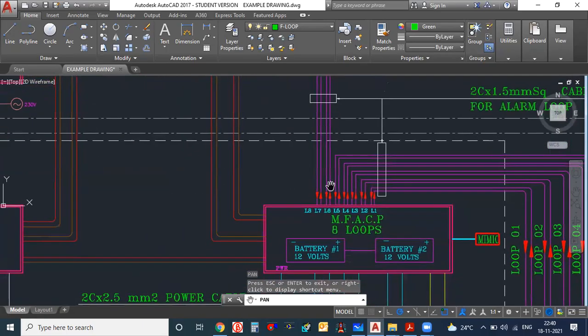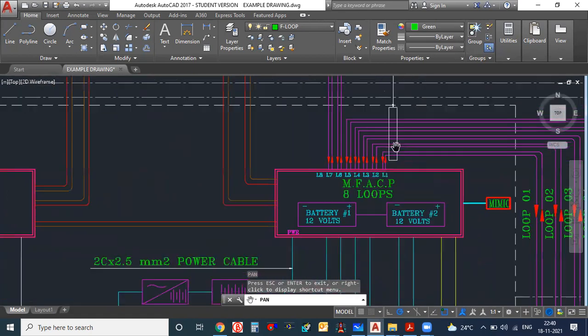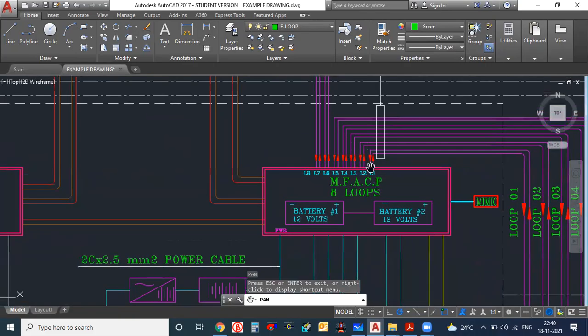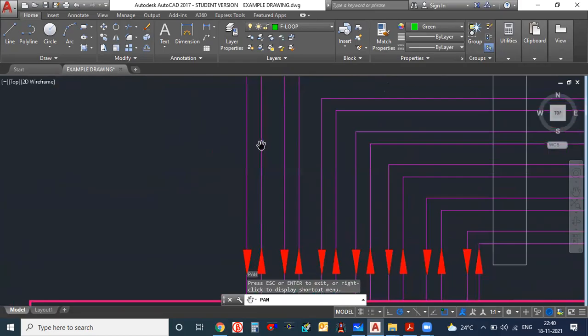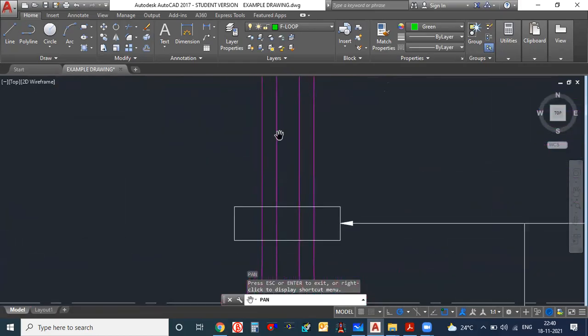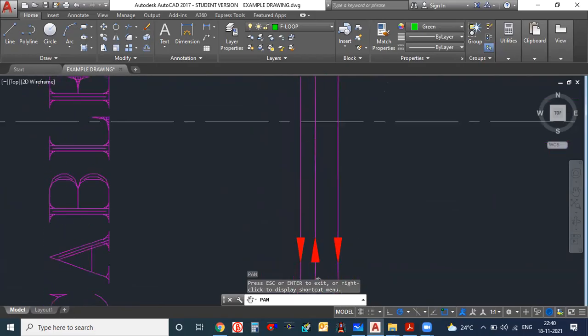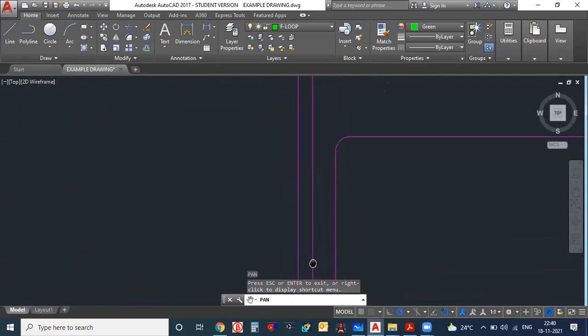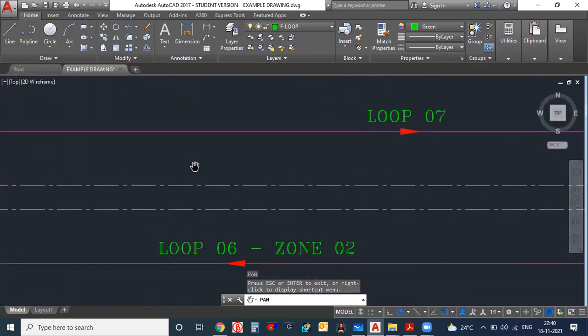Let us follow one loop here. Suppose I follow this loop. 1, 2, 3, 4, 5, 6, 7. 7 can be seen and 1 is standby, I think, or 1 is dummy. So if I follow this signal, let us see where it is going. It is going somewhere very top, I think. See here it is going.